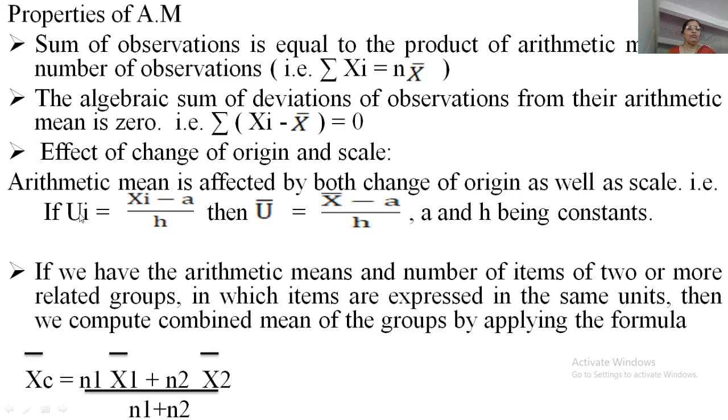That is, when you transform the variable x to u by this transformation, your value of x bar depends on h as well as a, or you can write x bar equal to a plus h u bar. That means your new mean of x has both a and h as constants. So your arithmetic mean depends on change of origin a and change of scale h.